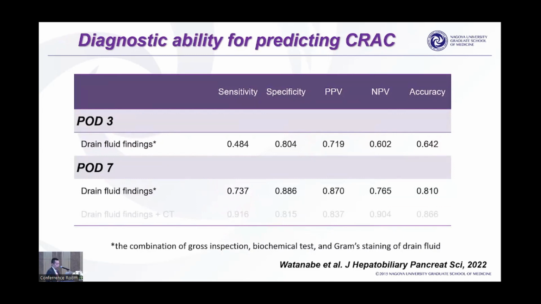This is the diagnostic ability for predicting SSI. The diagnostic ability based on drain fluid findings on POD3 was inferior to POD7. These results showed early drain removal may be inadequate.